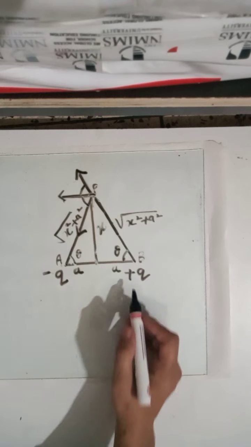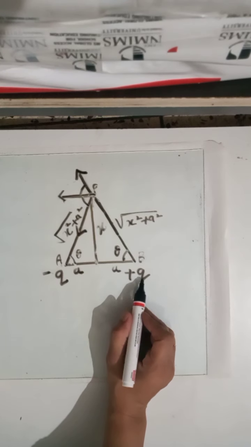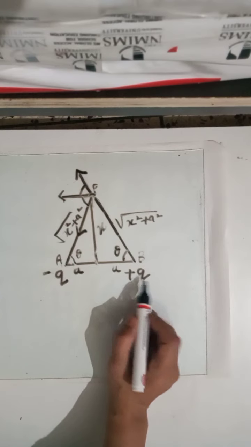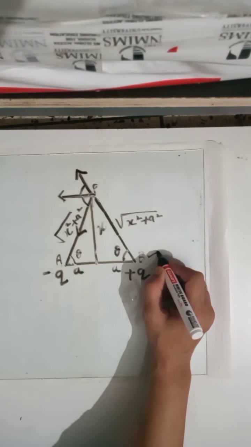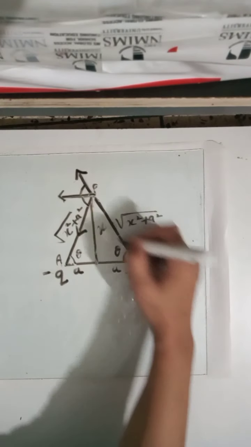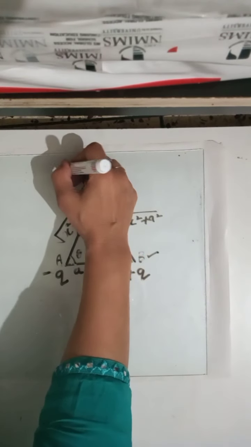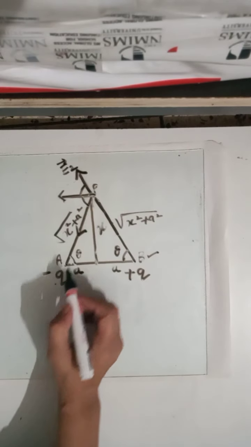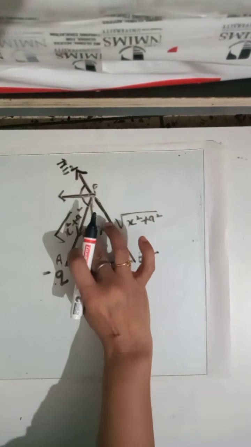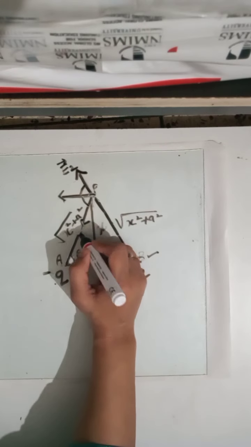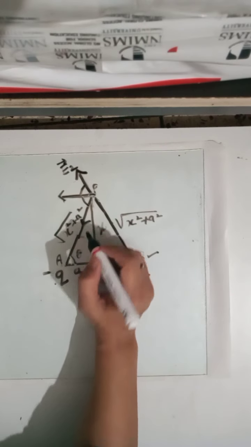Now, this charge is positive. The direction of the electric field due to plus q charge, which is situated at the point B, will be away from B. That means along BP. This is your E2. And this charge is negative. The direction of the electric field is towards minus q. That means this is E1.